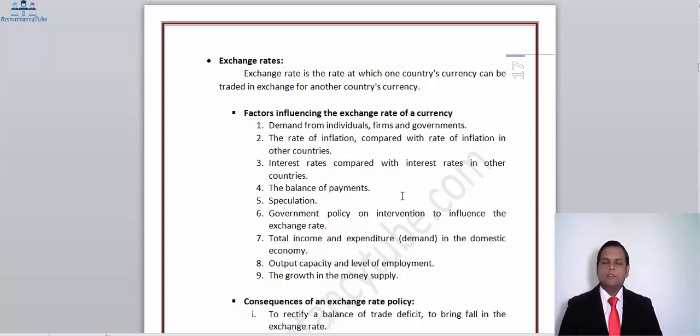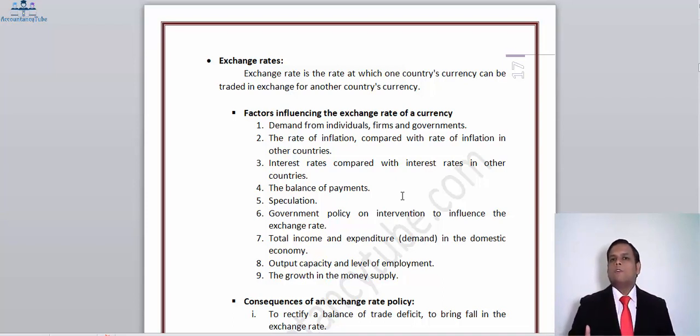Then we have the balance of payments. A balance of payments surplus implies that the revenue from net exports is more than the cost of imports. Vice versa, if the cost of imports is higher than the revenue from exports, we have a balance of payment deficit.